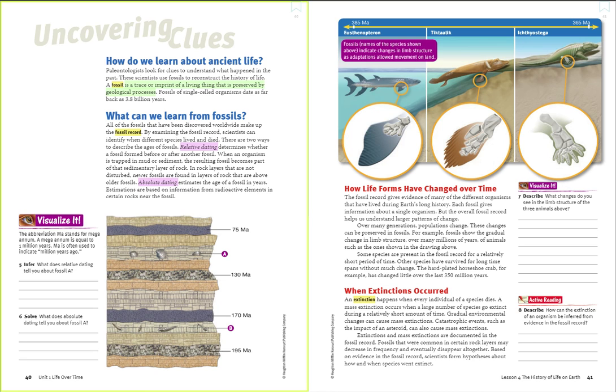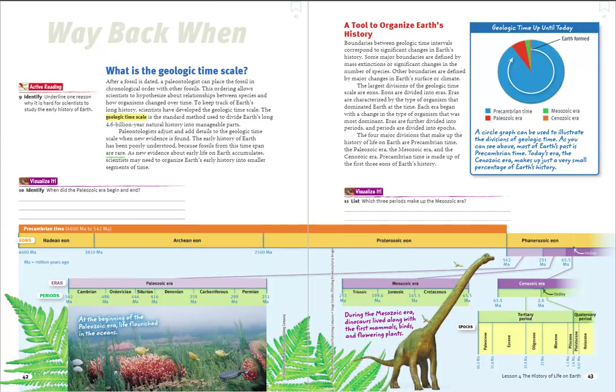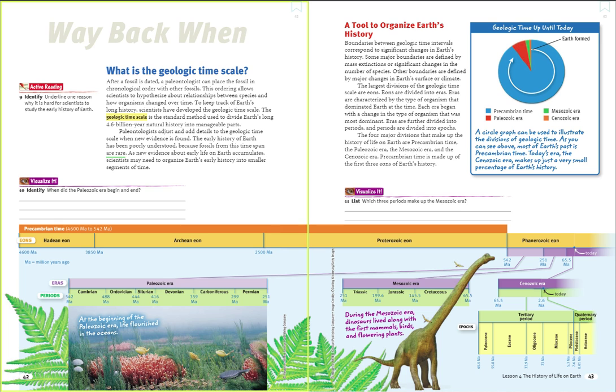Okay, let's proceed. On these two pages, there is a question here: what is the geologic time scale? Well, simply, paleontologists classify or divide the eras, ages or periods of the old Earth in the form of a scale, in the form of eras from a specific year to another specific year.